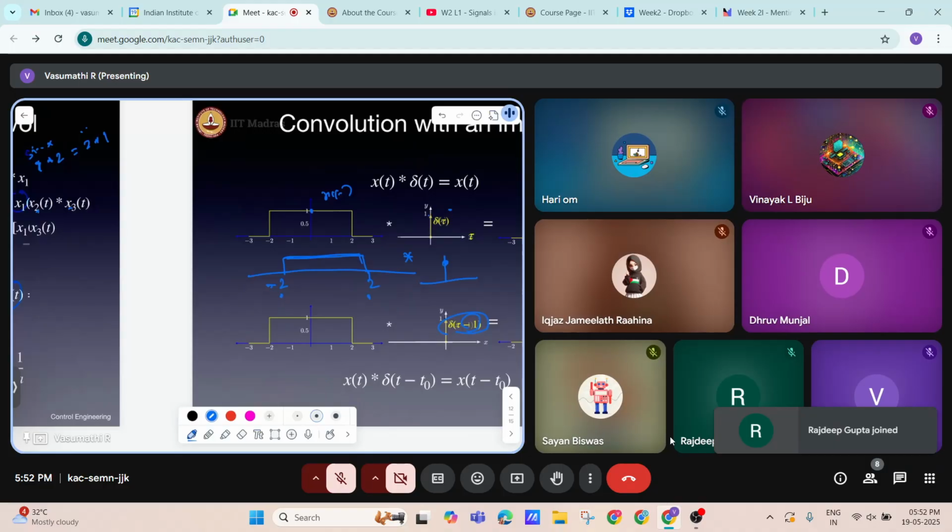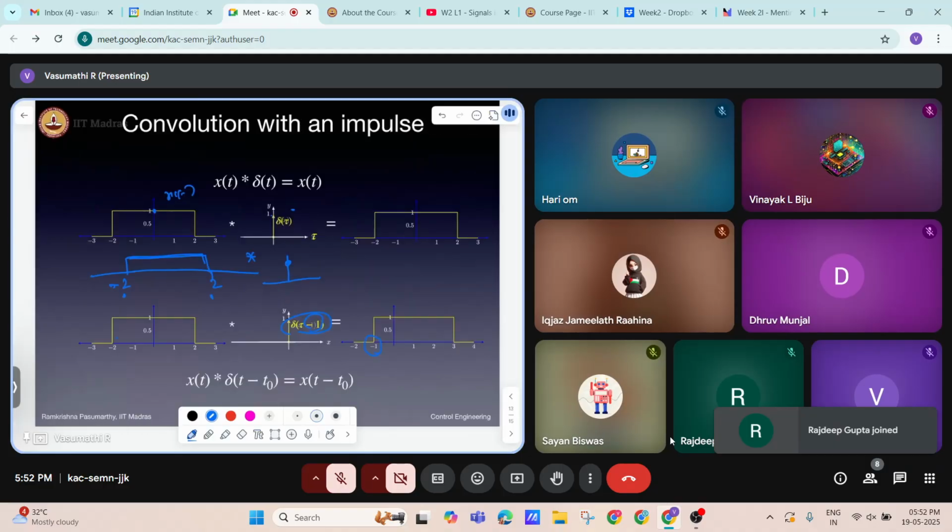If this is time shifted by -1, the output will also be time shifted by -1, from -2 to -1. If this is time shifted by +1, the output will also be time shifted by +1. So, clear?